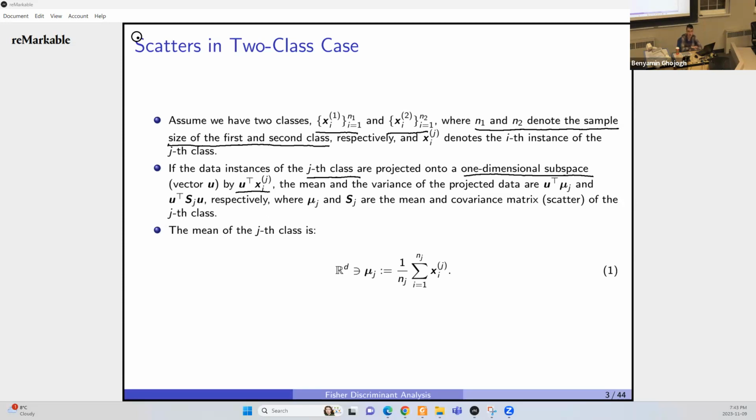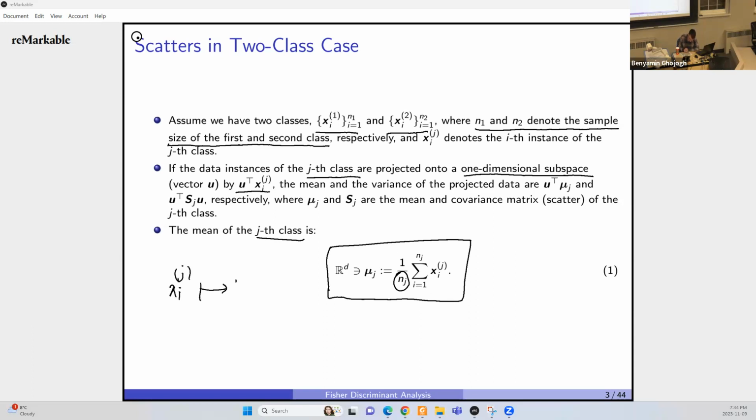This is a linear projection onto one vector, vector u. The mean of the jth class is mu_j, where n_j is the number of points in the jth class.